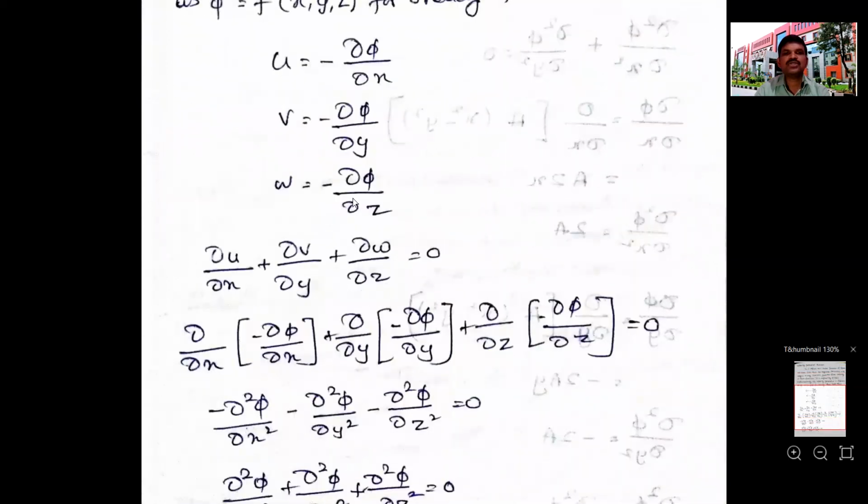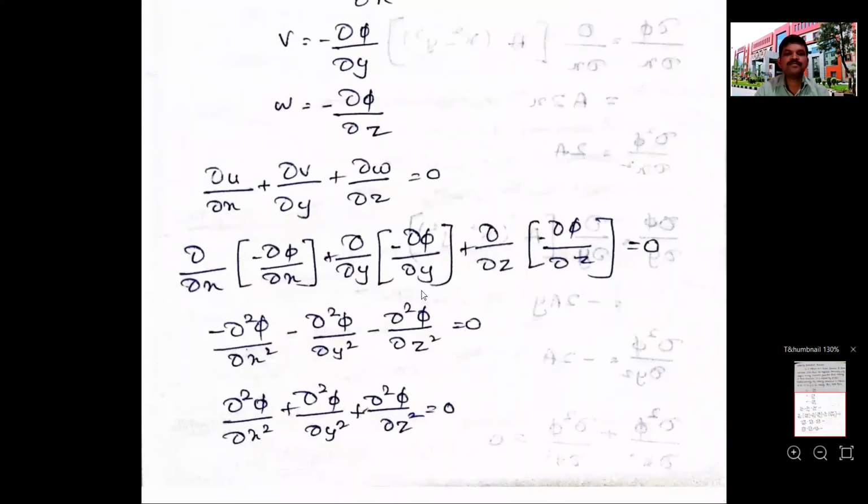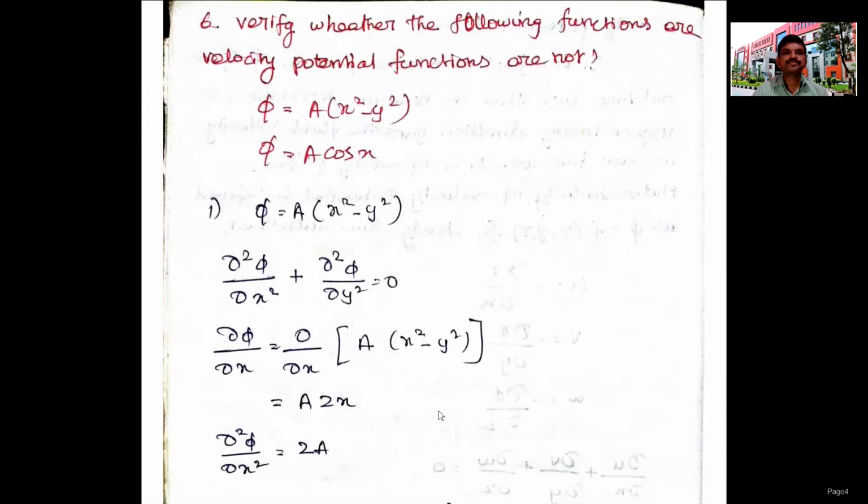Substitute these three values in the continuity equation. Finally, we get ∂²φ/∂x² plus ∂²φ/∂y² plus ∂²φ/∂z², which is equal to 0. This equation we already discussed in the previous class. So in this class we will go to the problem.